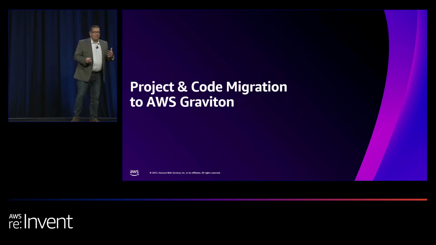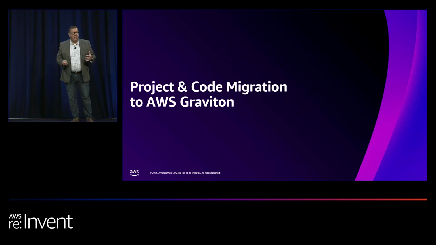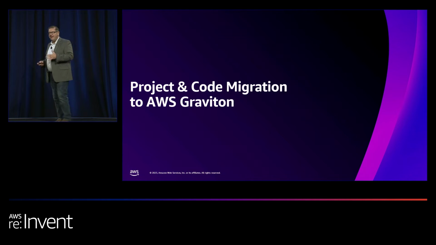We'll get into the project timelines, how we've gone through the optimization process to optimize SAP HANA Cloud on AWS Graviton, and then also, and more importantly, to show you the results of porting SAP HANA Cloud to AWS Graviton. And also, what were some of the lessons learned that we have?